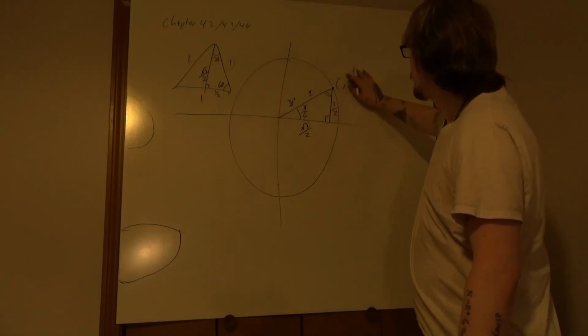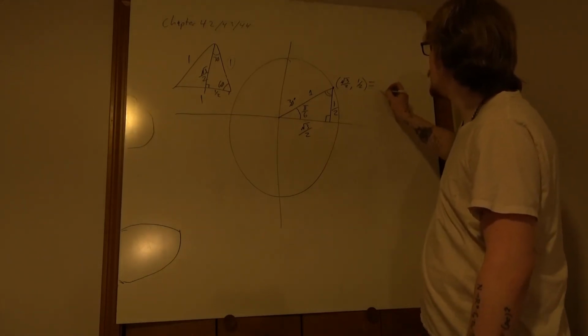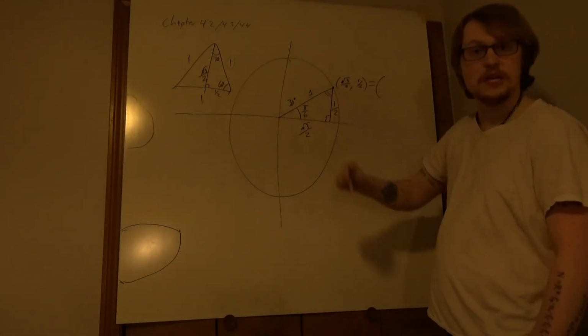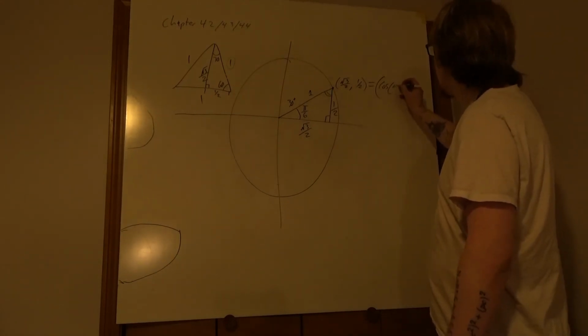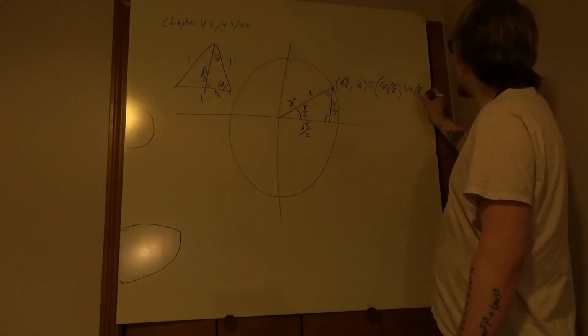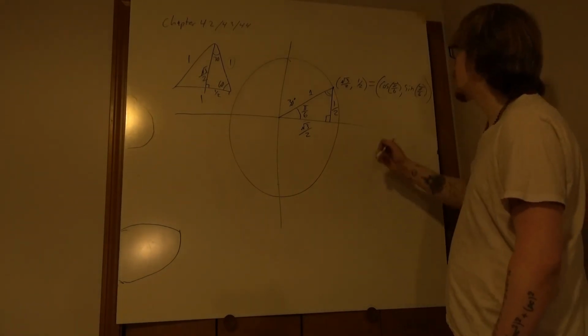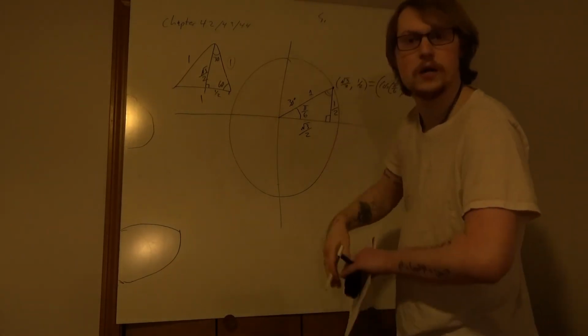This gives us a coordinate pair of √3/2 and 1/2, but we know that this is also, by the same reasoning as before, the cosine of pi/6 and the sine of pi/6. And so we get the next equality, which is, oh, can you even see that? I don't think you can.